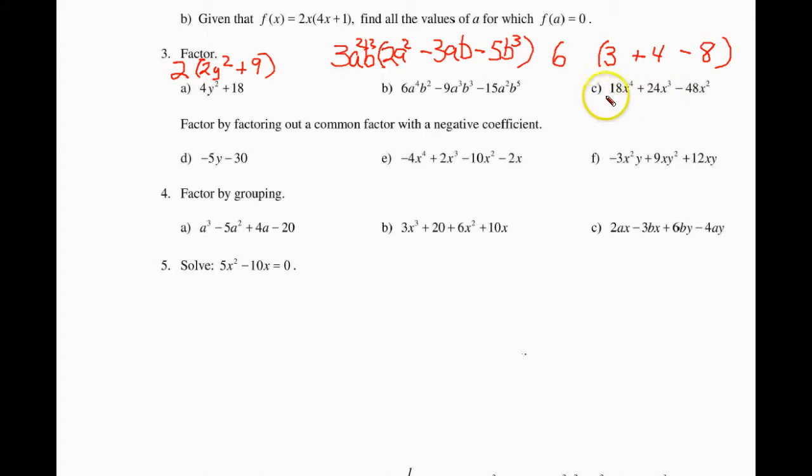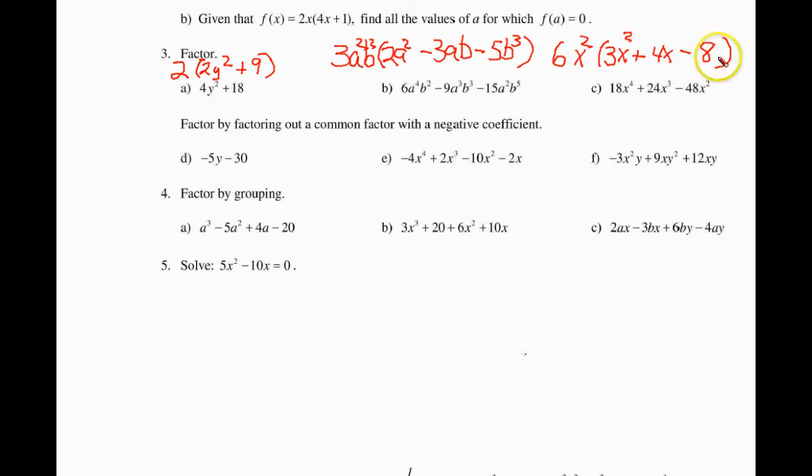Now I look at the letter. And I see I have x to the fourth, x to the third, x to the second. Well, what power of x can I take out of each one? And it would be the smallest, x to the second. So here I'm left with x to the second. Here I'm left with an x.